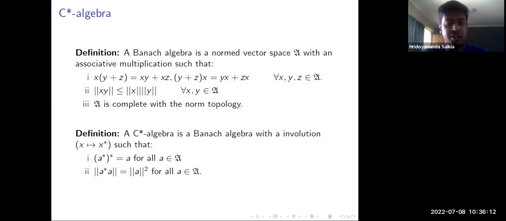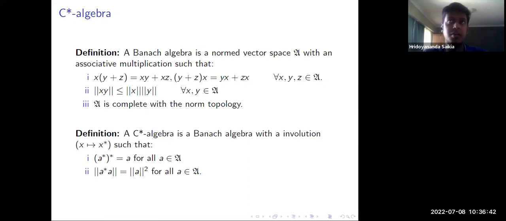The second condition is the most powerful condition, and it distinguishes C-star algebras from all other Banach algebras. That is, the norm of A star A should equal the norm of A, whole squared. This is a very good condition.